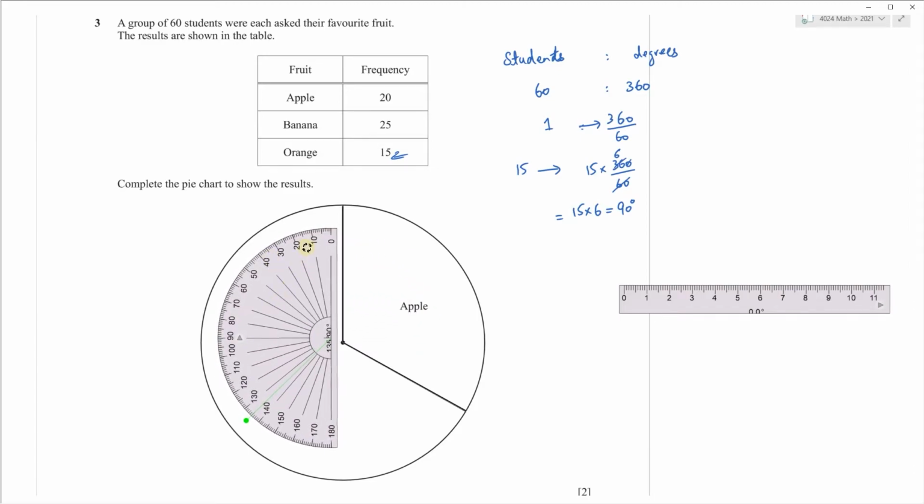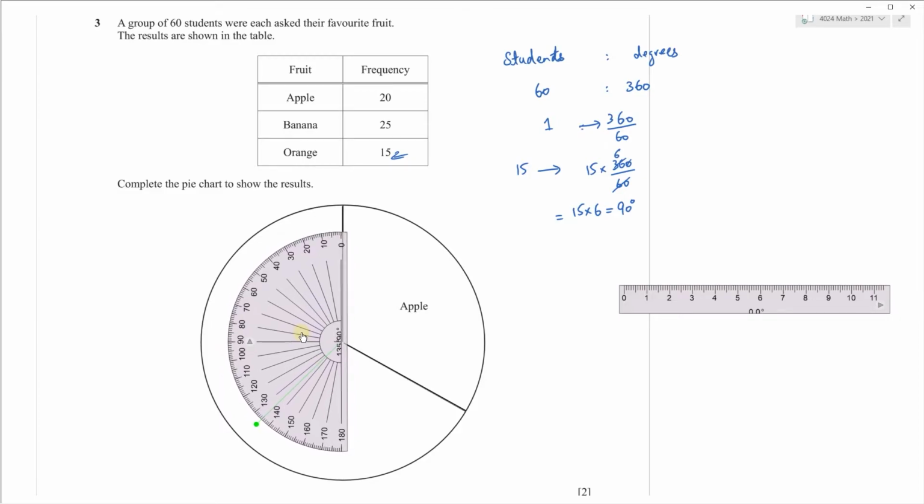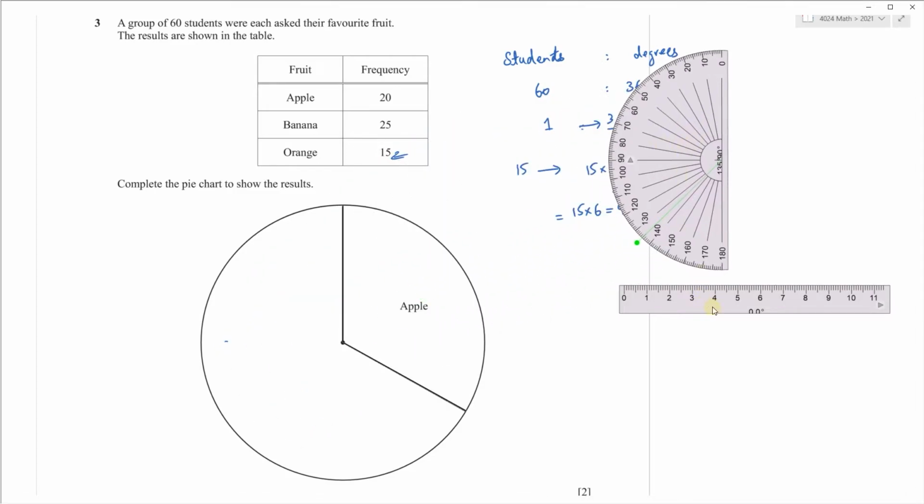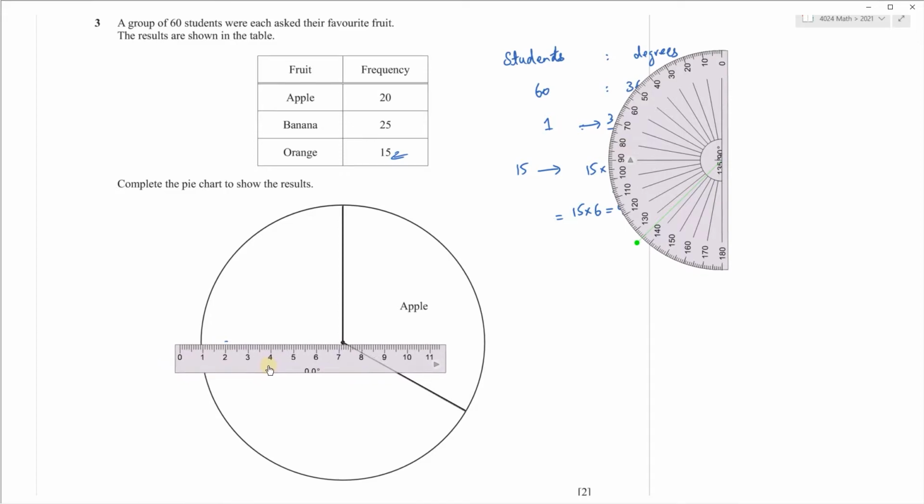Let me place my protractor here and then mark the 90 degree angle here. Now I can join them through a straight line.